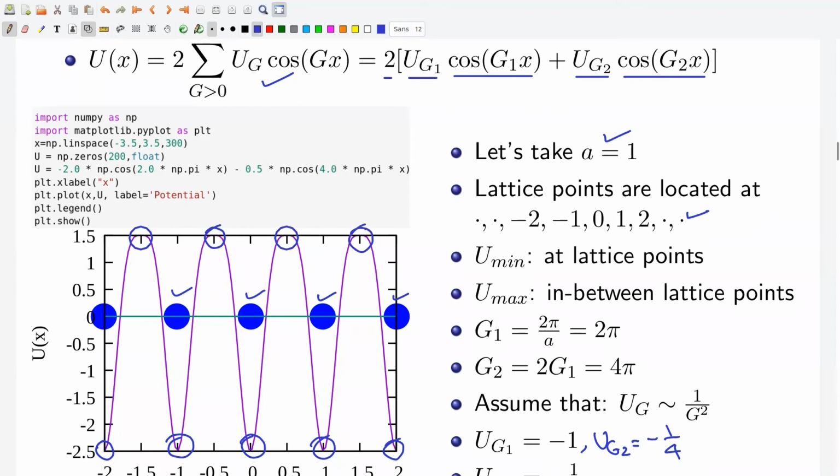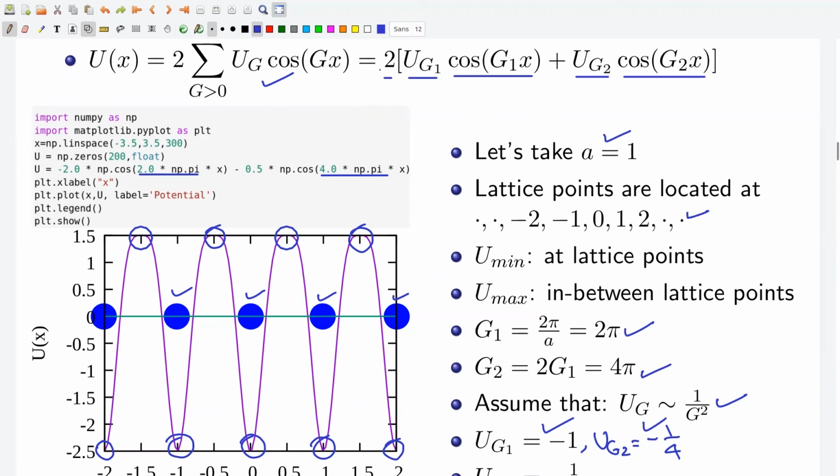Since a is equal to 1, G1 is equal to 2 pi and G2 is equal to 4 pi. So this is where we define G1 equal to 2 pi and G2 equal to 4 pi in the code. We assume that uG goes as 1 by G square, such that uG1 is equal to -1 and uG2 is equal to -1 by 4.